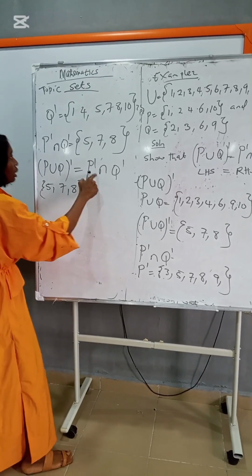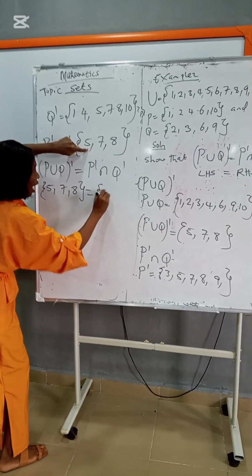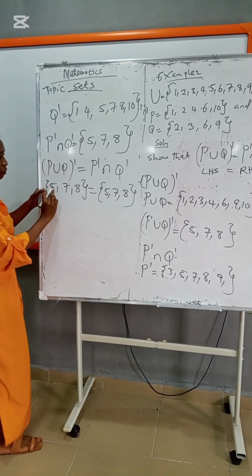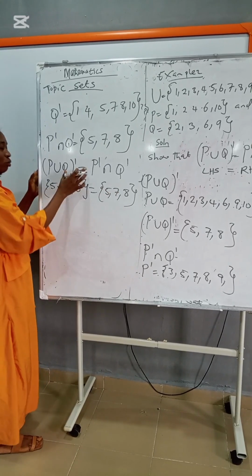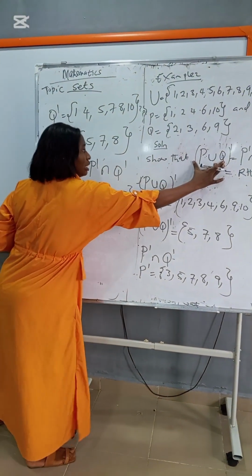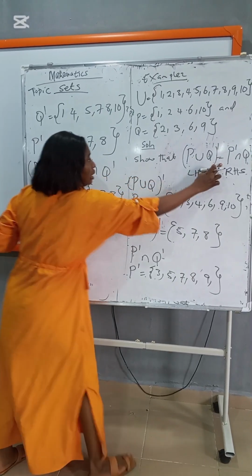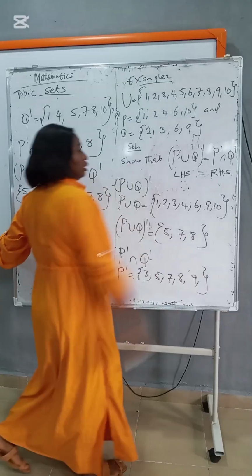Is it the same thing as the answer for this, which is 5, 7, 8? So now I have 5 here. There's 5, 7, 7, 8, 8. So it means it's correct that (P union Q) complement is the same thing as P complement intersection Q complement.